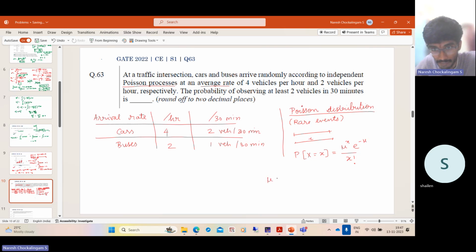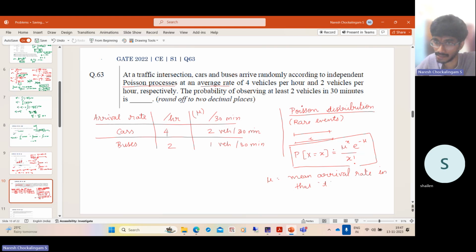What is mu? Mu is the mean arrival rate in that t. So mean occurrence rate or mean arrival rate in that t. And x is x; we'll see what it is. So this is the Poisson distribution. The probability of x occurrences in a given time interval t is given by this expression.